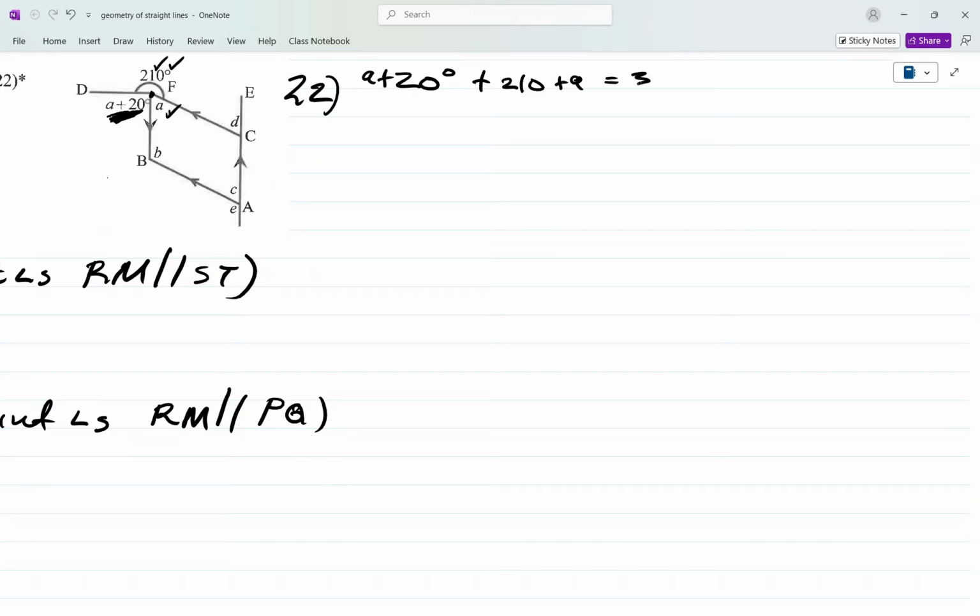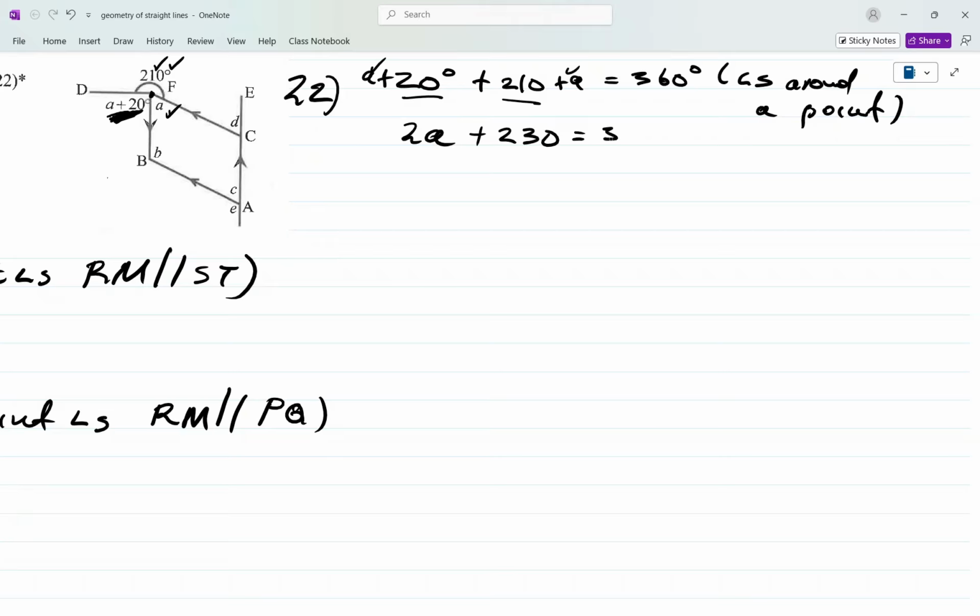These three angles, when added together, must give you 360 because of angles around the point. Then you group the like terms. I have A here, I have A here, therefore it's going to be 2A. And then I have 210 and 20, which will be 230, and I'm still having 360 on the right hand side.